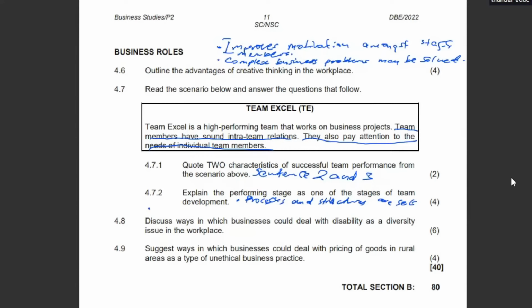And also, they have direction without interference from the leader.